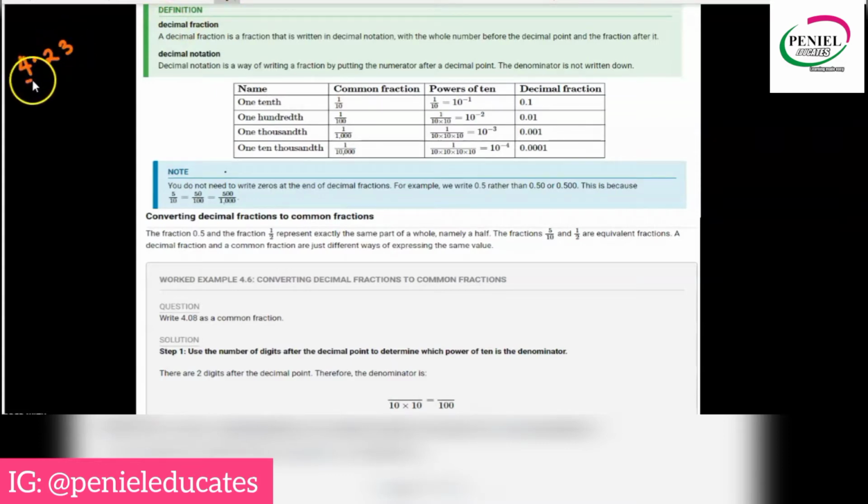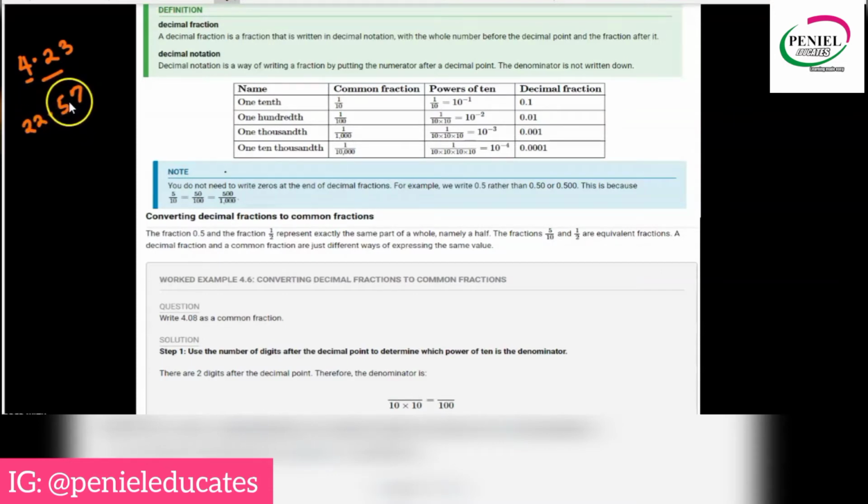So this is a whole number before the decimal, and this is a decimal fraction. Then you can have maybe 22.57. Also, this is a decimal. There's a whole number here before the decimal notation.